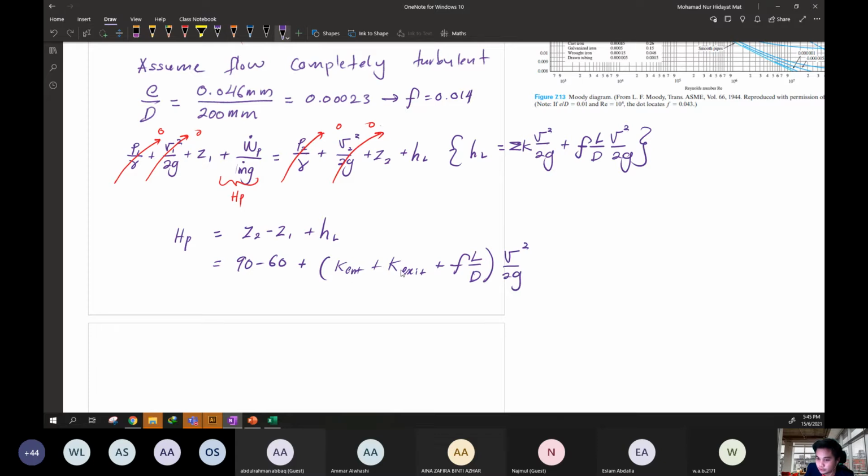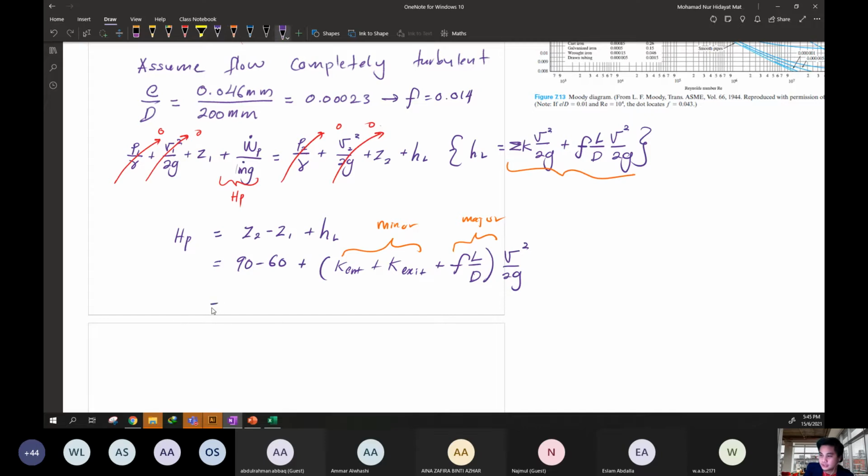So I factorize. Only left K entrance plus K exit plus f L over D. This one basically is the minor and this one is the major.